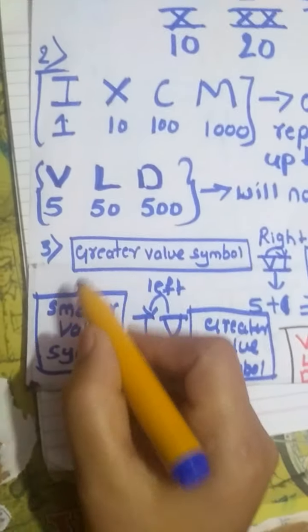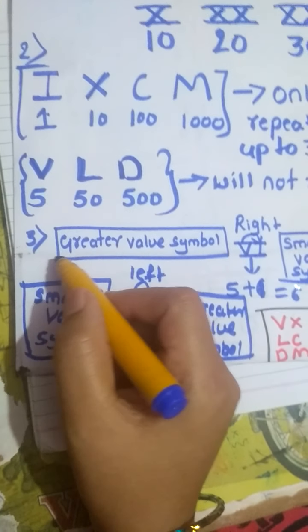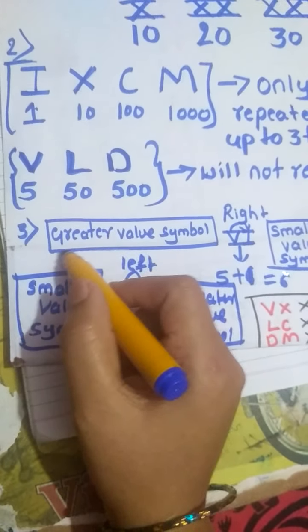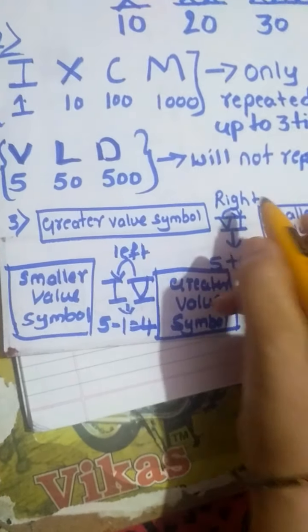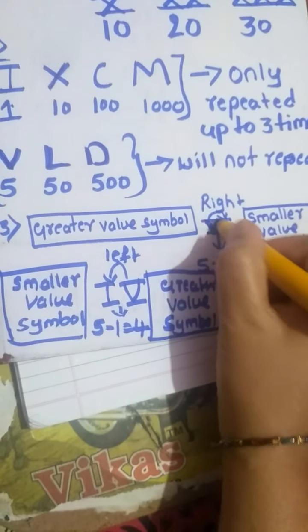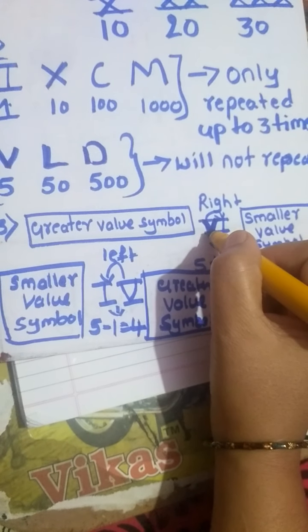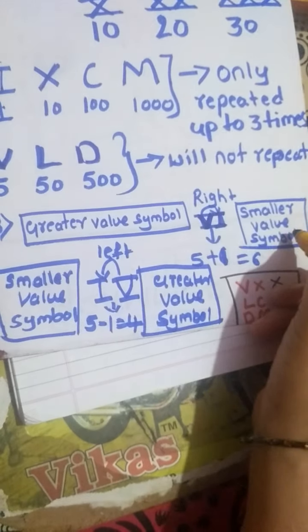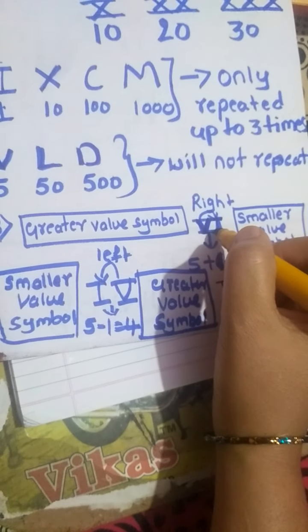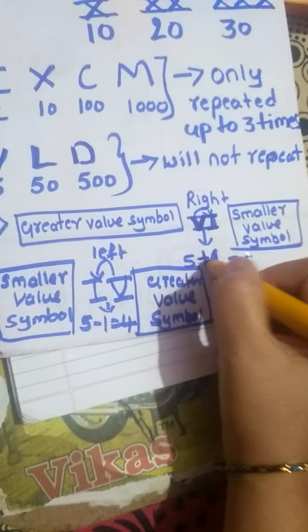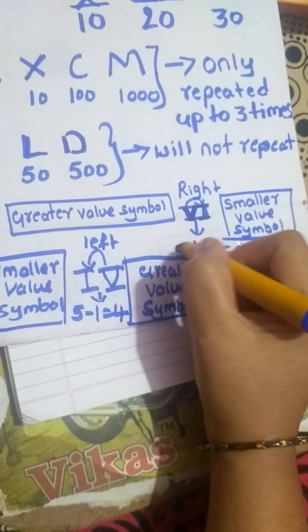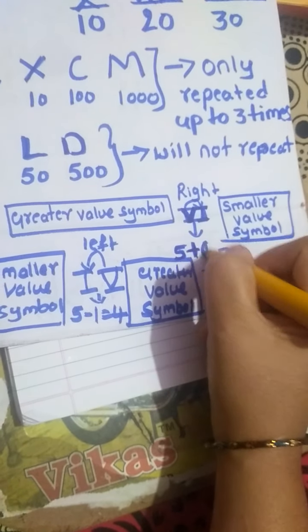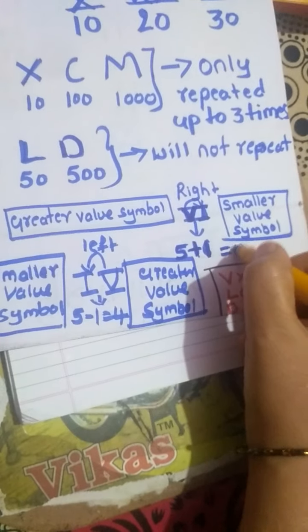That is the second rule. Okay, what is the third rule? This is the greater value symbol. Which one is the greater value symbol? 5. 5 is the greater value symbol. If we write a smaller value right after the greater value, it is added. 5 is the greater value, 5 plus 1 is equal to 6.